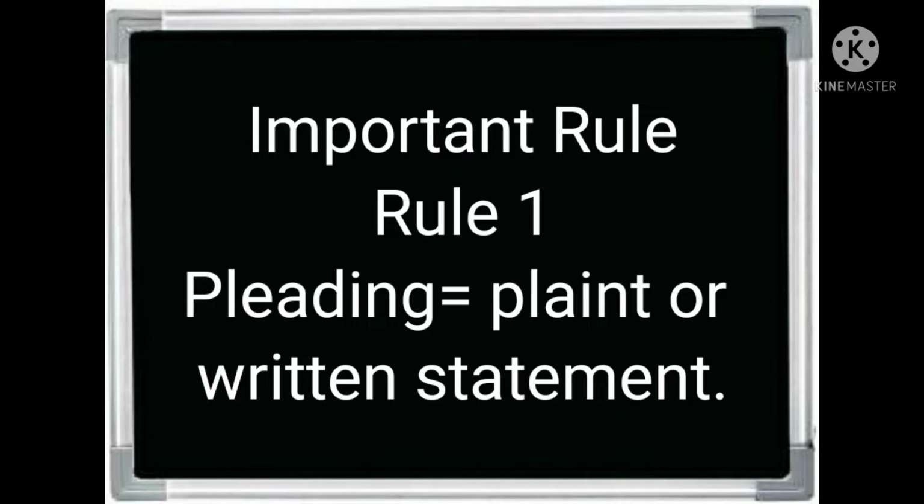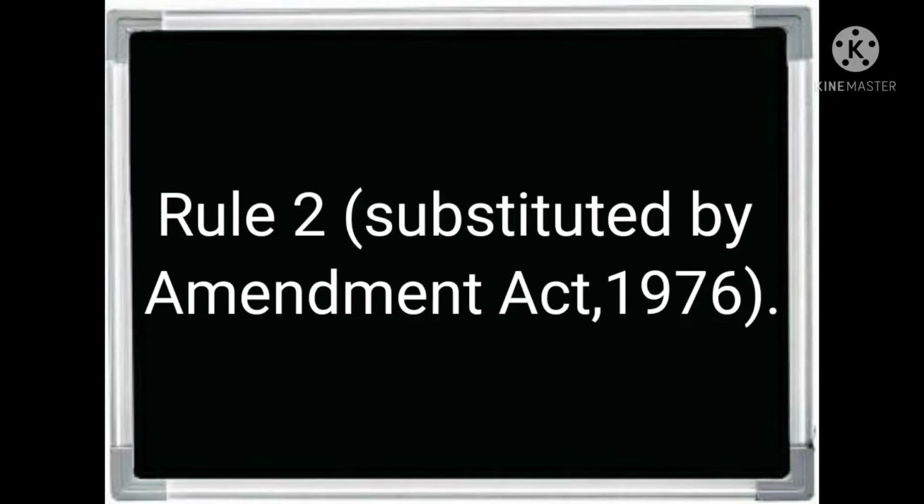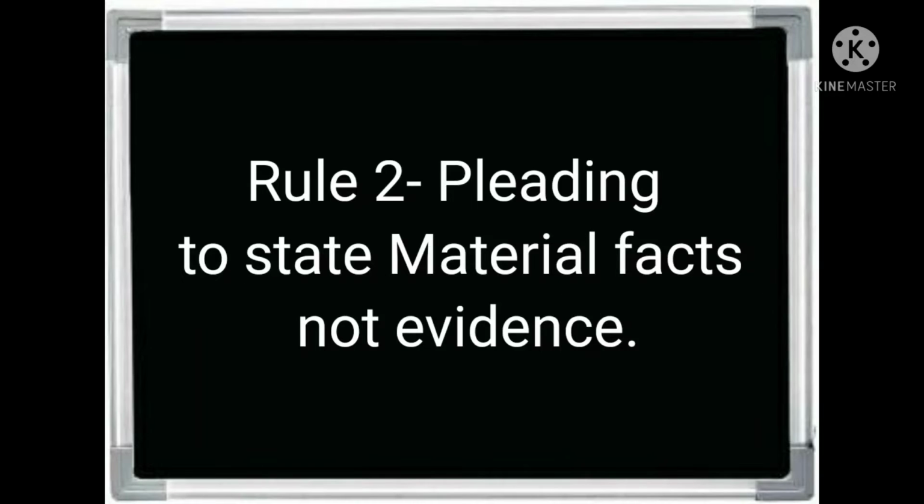Rule 2 is also a very important rule, and it was substituted by the Amendment Act 1976. What does Rule 2 say? That pleading is to state material facts and not evidence. So every pleading shall contain only a statement of material facts in a concise form, on which the party pleading relies for his claim or defense, but not the evidence by which they are to be proved.